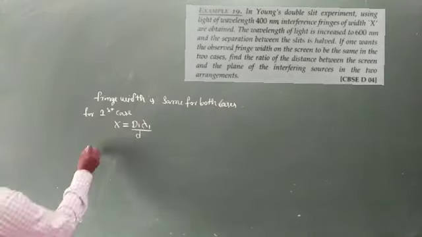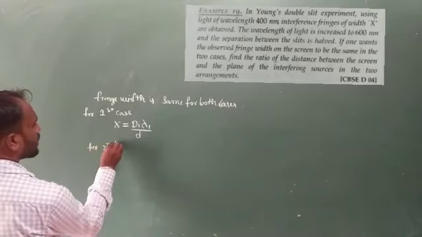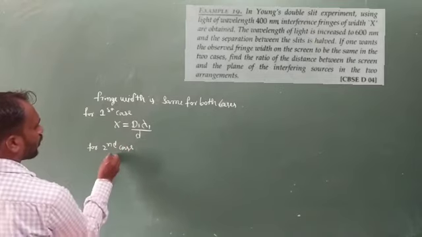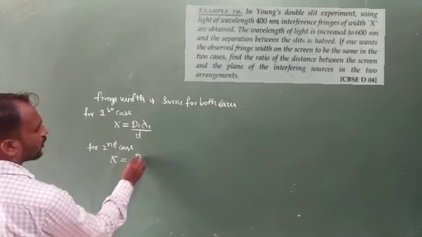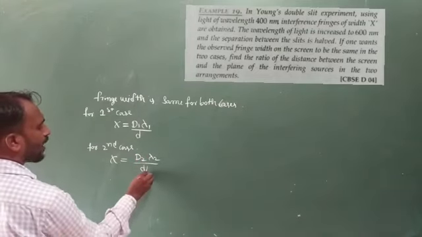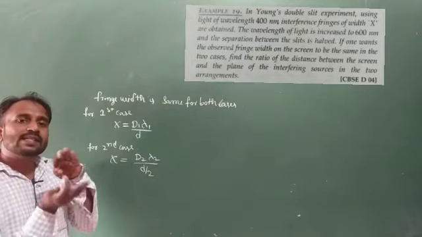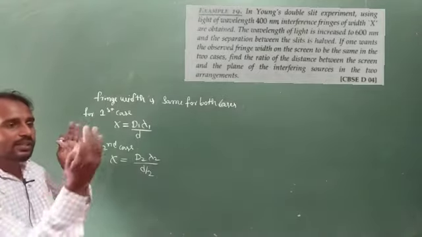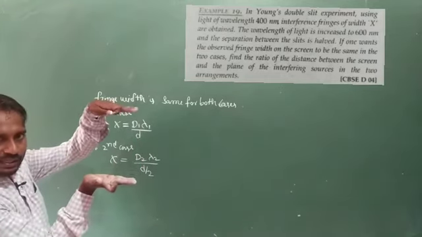And for the second case, x is equal to D2 lambda 2 divided by d by 2. Why? Because the distance between the slits decreases to half. Initially the distance between these two slits is d.